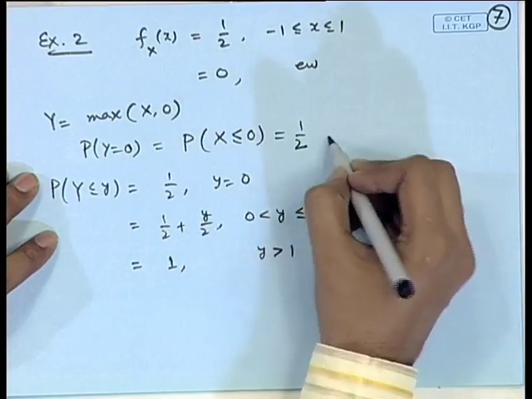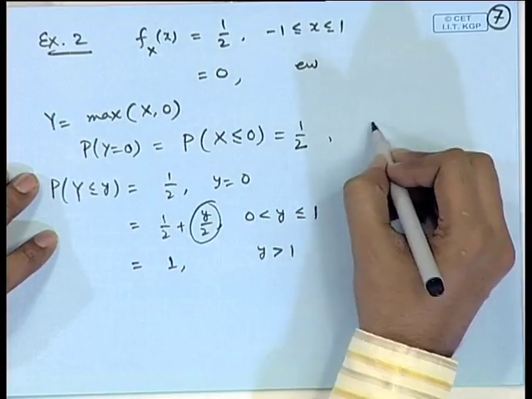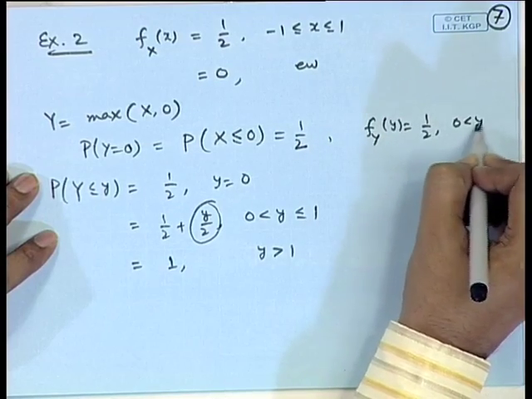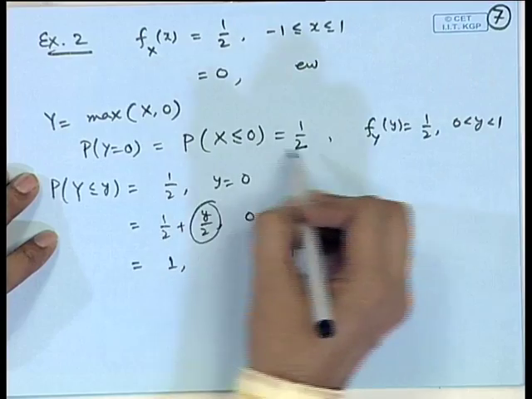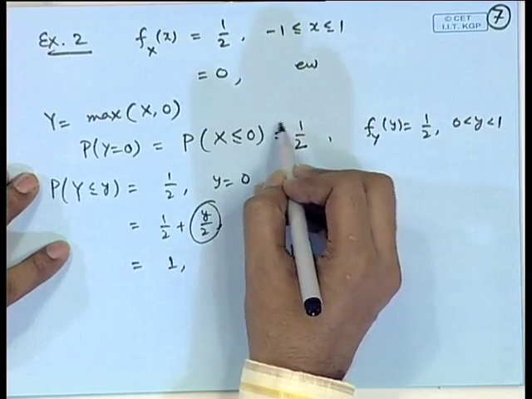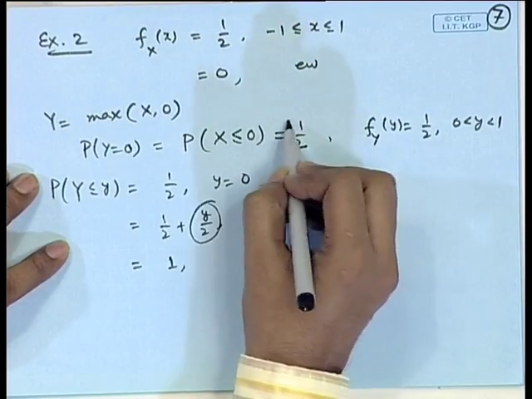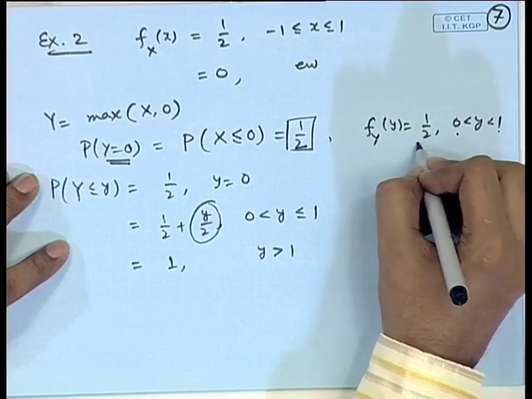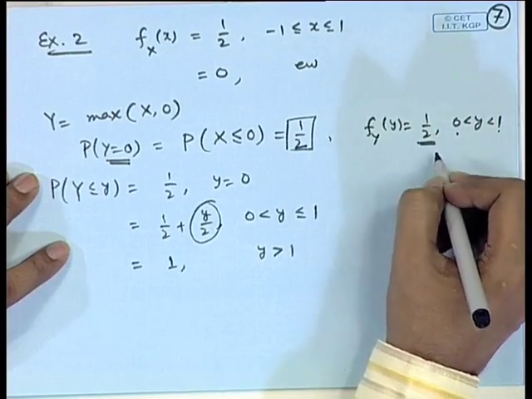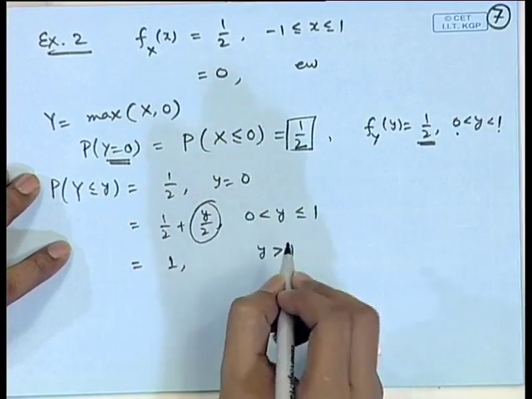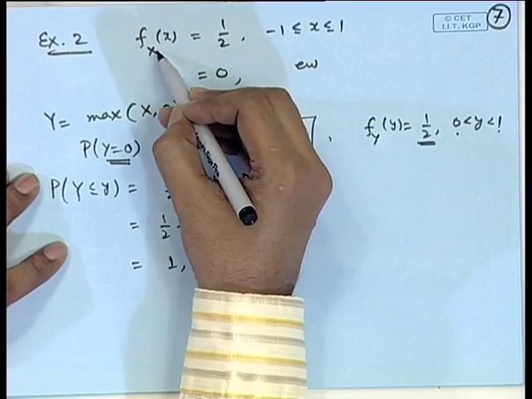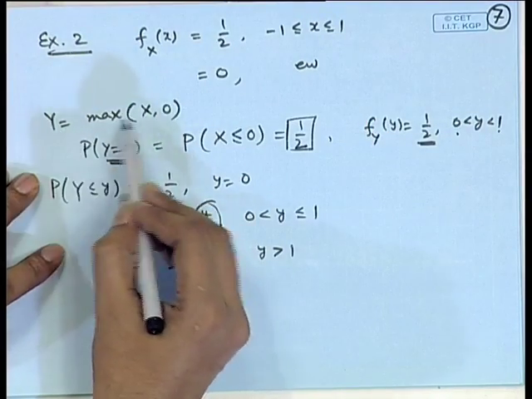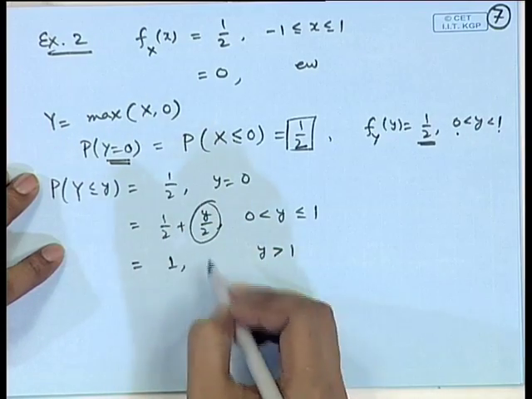So, we have the density function f_Y equal to half for 0 less than y less than 1. We have the weight half attached to probability y = 0, and in the interval 0 to 1 we have a density function. So, it is an example of a mixed random variable: although x is a continuous random variable, the function of it is a mixture random variable.